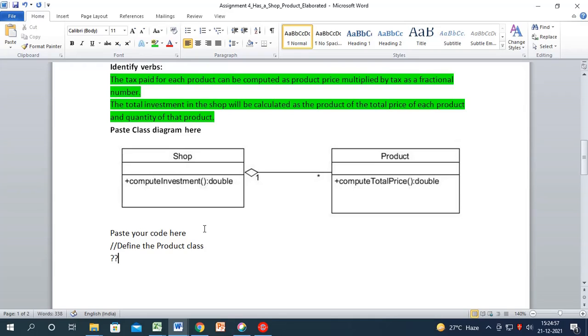Then you will define the shop class, right?